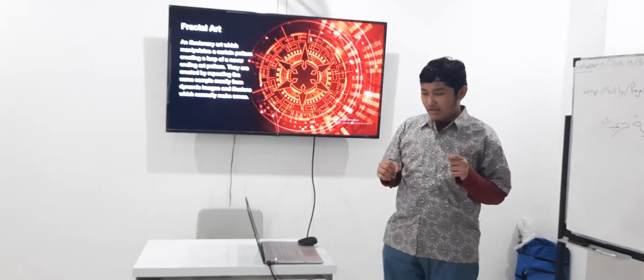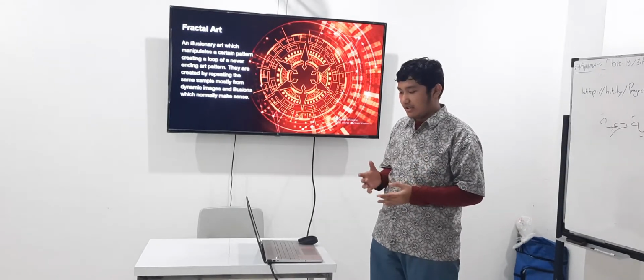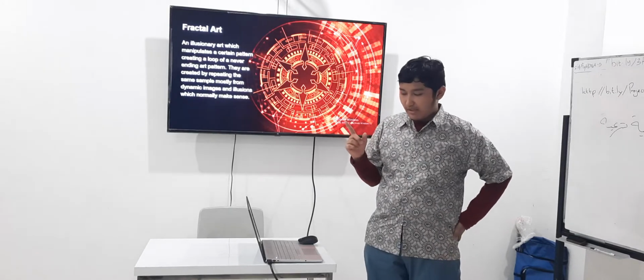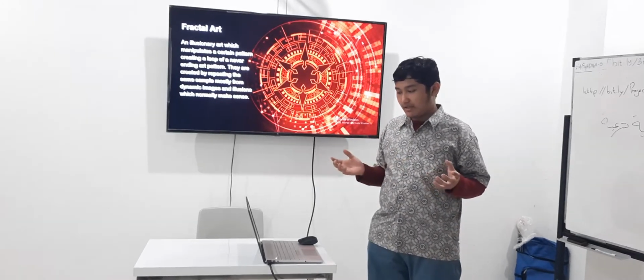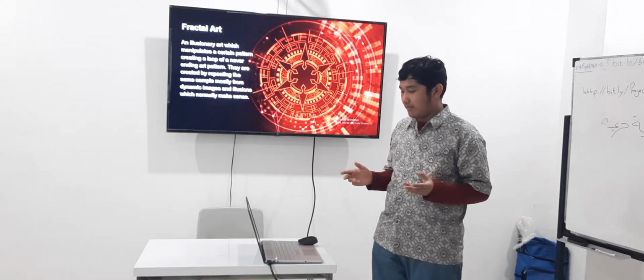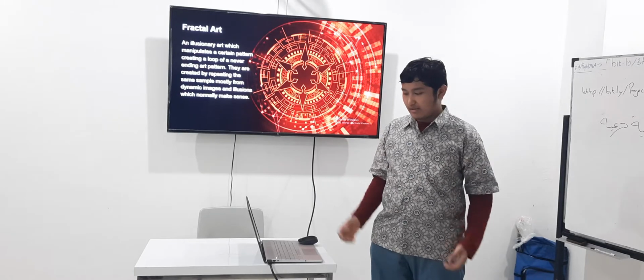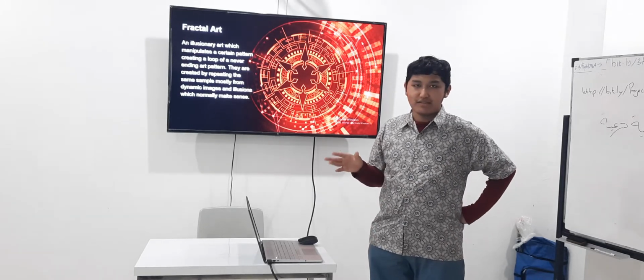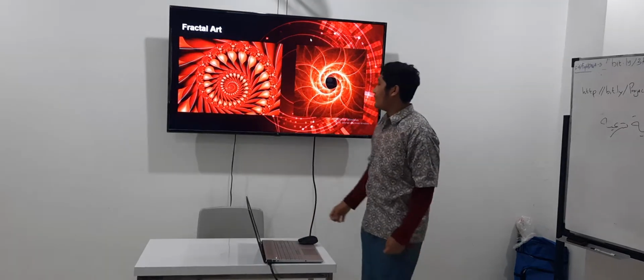First, fractal art. An illusionary art which manipulates a certain pattern, creating a loop of a never-ending art pattern. They are created by repeating the same sample, mostly from dynamic images and illusions. Like these. You see the one here?